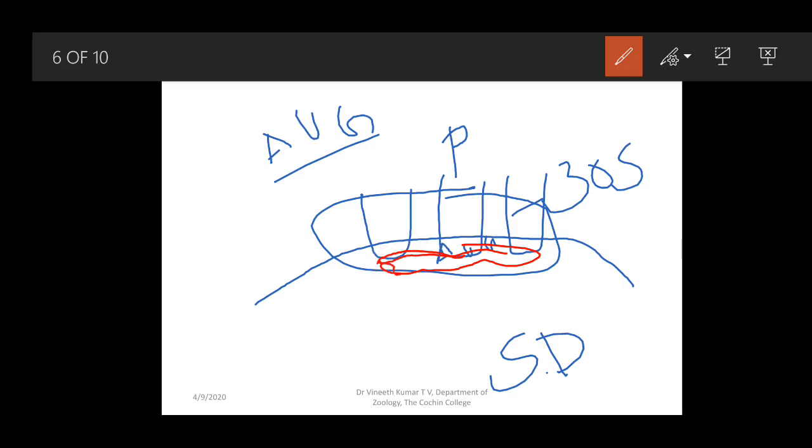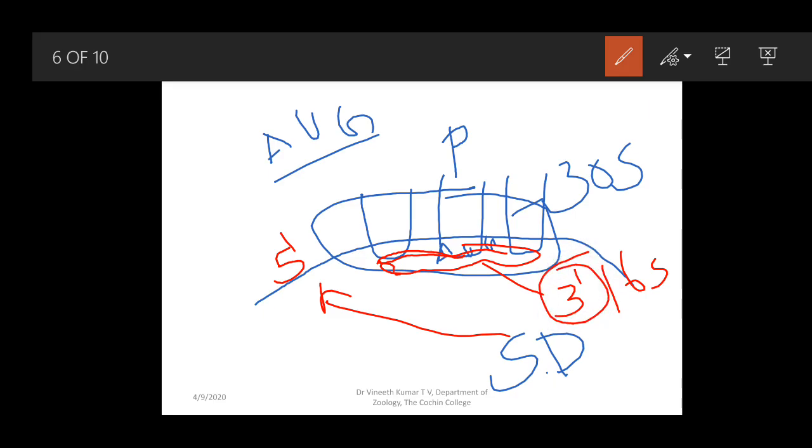The Shine-Dalgarno sequence is seen in the upstream 5' region of the mRNA, and at the 3' end of the 16S rRNA in the smaller subunit, there is a sequence which is complementary to the Shine-Dalgarno sequence.